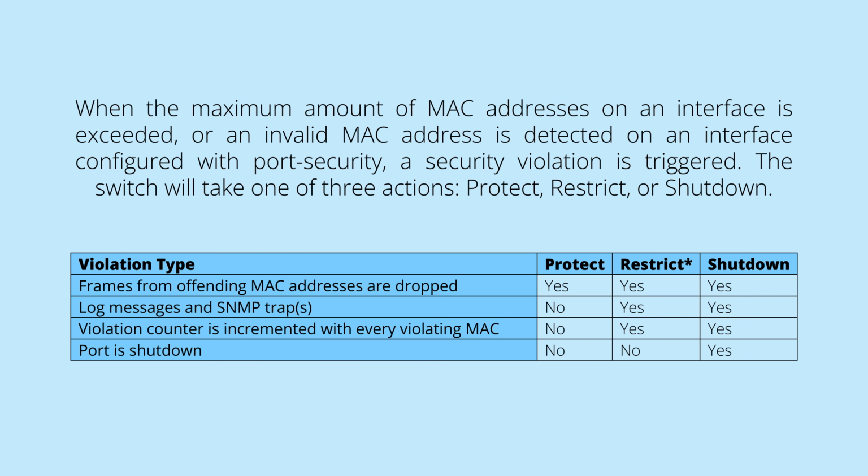When the maximum amount of MAC addresses on an interface is exceeded, or an invalid MAC address is detected on an interface configured with port security, then a security violation is triggered. The switch will then take one of three actions: protect, restrict, or shut down. The image below demonstrates the various actions that will take place when a security protocol is put in place.